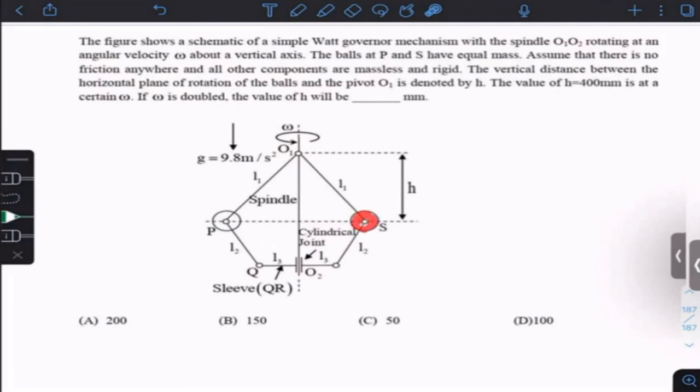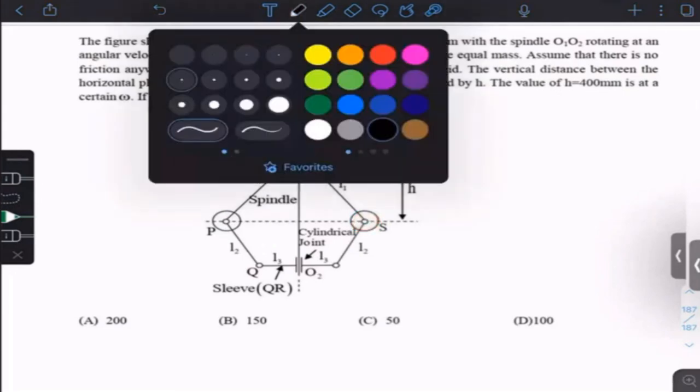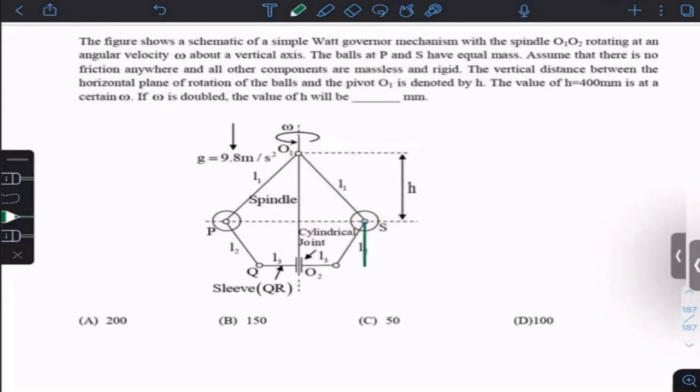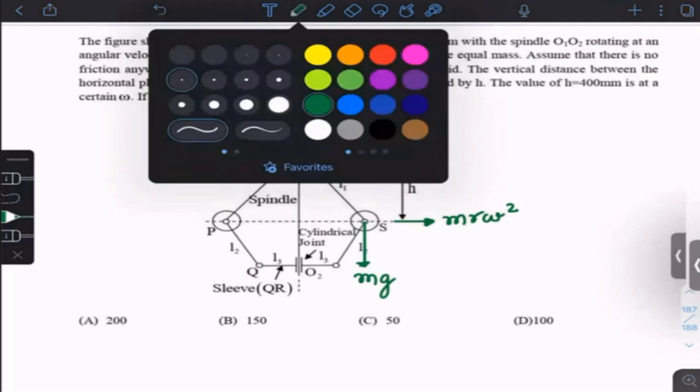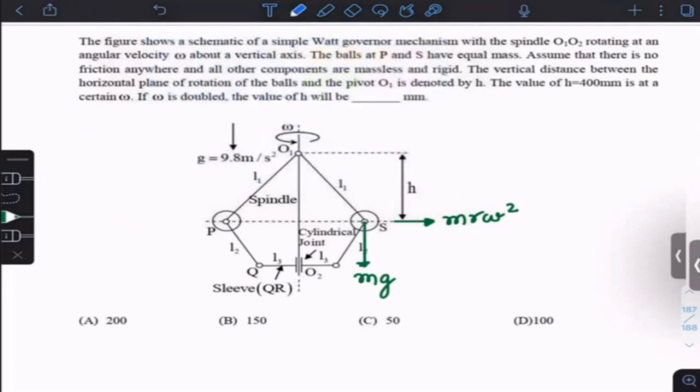So, guys, suppose I draw the free body diagram of this ball. The ball has mg in this direction, and this is your m r omega square, the centrifugal force.